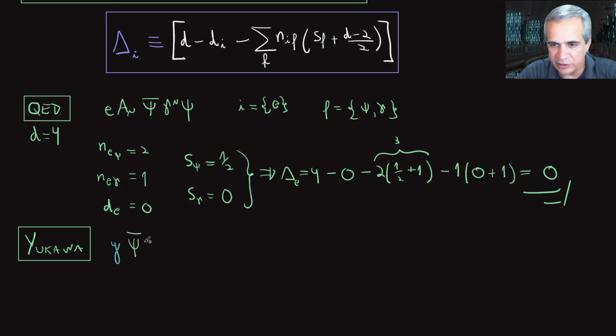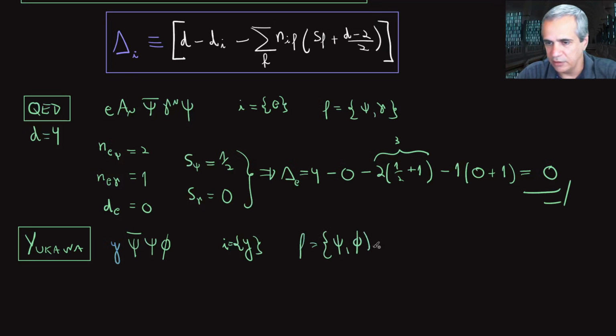But the interaction is just psi bar, psi, phi. So now again, I have only one interaction, which I'll label Y, and two kinds of fields, which are now a fermion and a scalar.